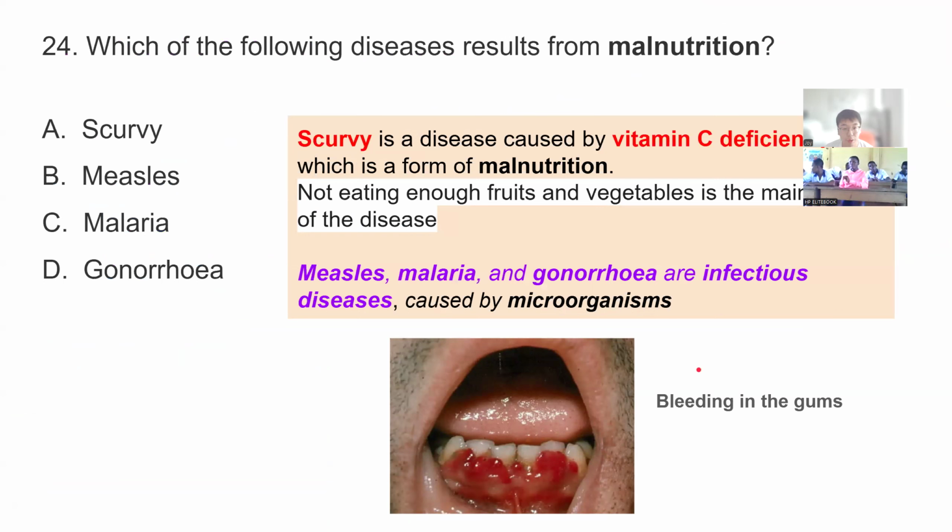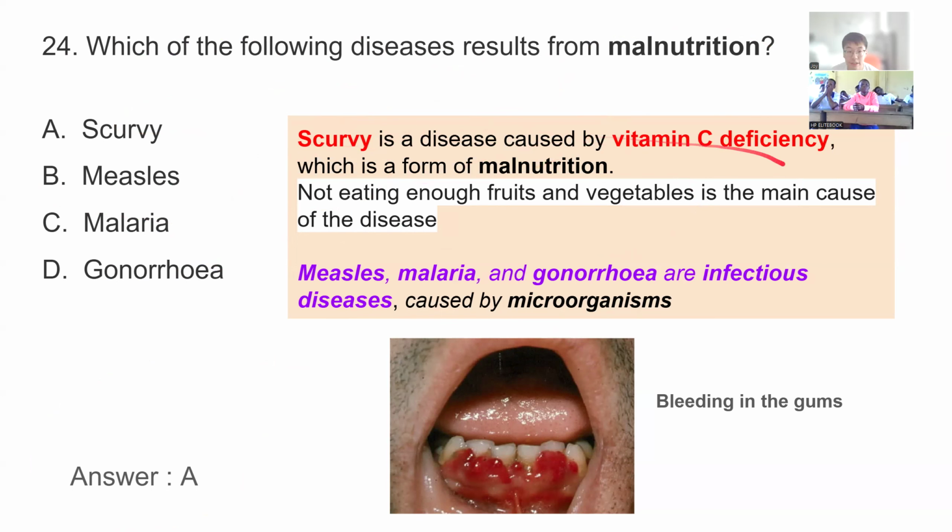Now we're focusing more on malnutrition and other lacks of nutrients. So, disease resulting from malnutrition. An example of this would be scurvy. Scurvy is a disease caused by vitamin C deficiency, which is a form of malnutrition.